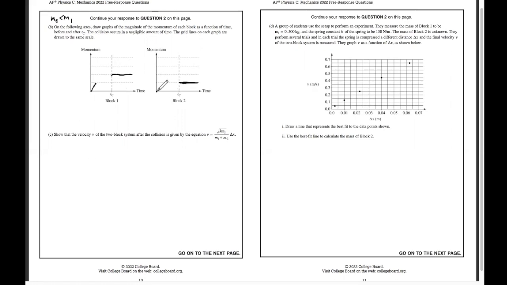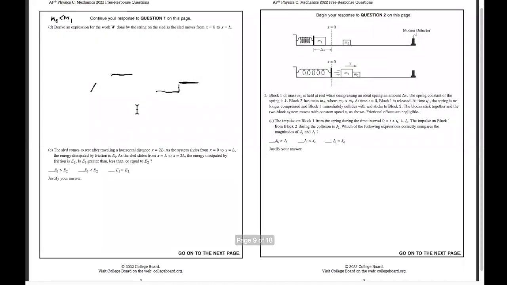Obviously block 2 starts with no momentum because it's not influenced by the spring, so block 2's graph will just look like a step function, essentially. Now, regarding block 1, if we go back to the problem here, and please ignore the drawings right now, otherwise I'm going to have to redraw them later. The thing to notice is that the spring starts off as being compressed, so this is actually an oscillatory function.